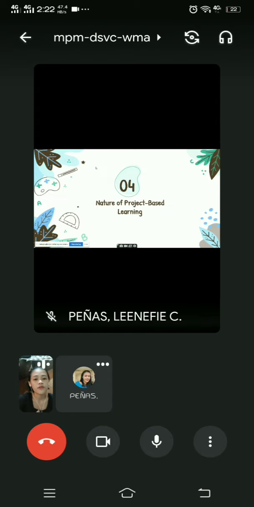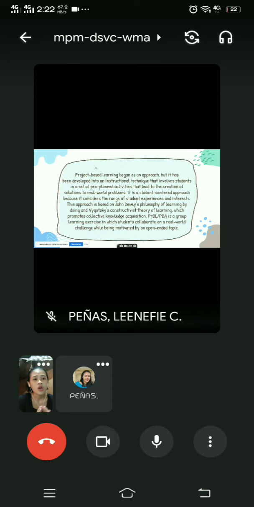So now let's move to the nature of project-based learning. Project-based learning began as an approach, but it has been developed into an instructional technique and involves students with a set of pre-planned activities that lead to the creation of a solution to a real-world problem.